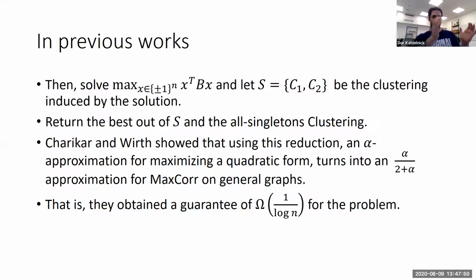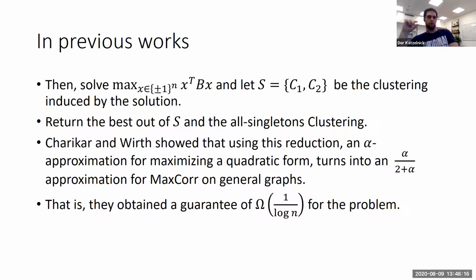You take all the nodes that get 1 in one cluster and all the minus 1s in the other cluster. And this is the clustering. In the next stage, you return the best of this solution and the all-singleton solution. The all-singleton solution is the clustering where every node is in a different cluster.